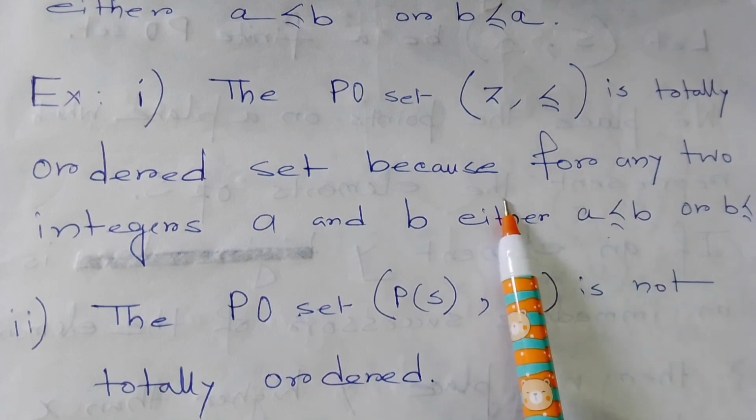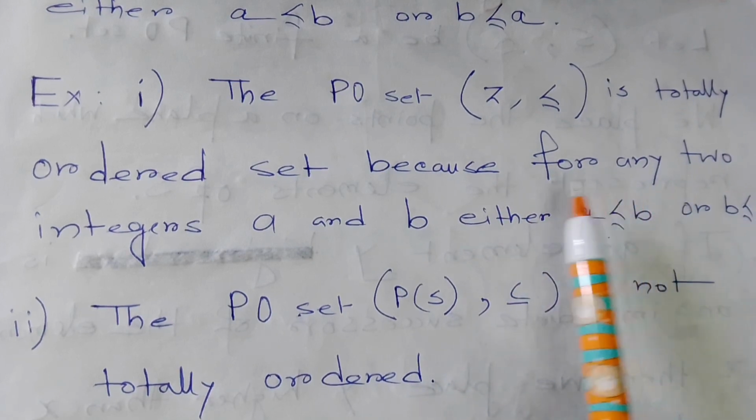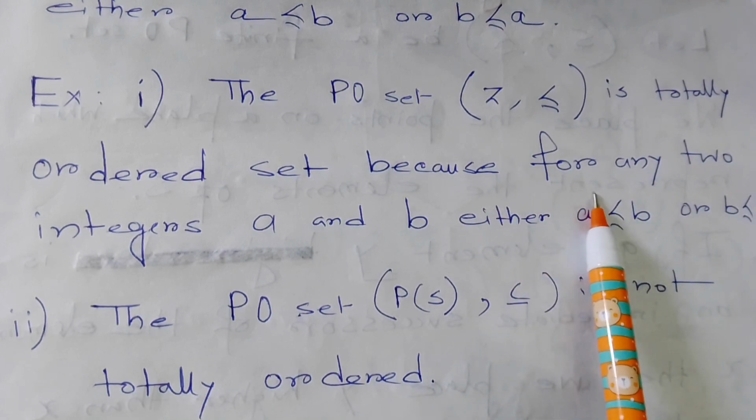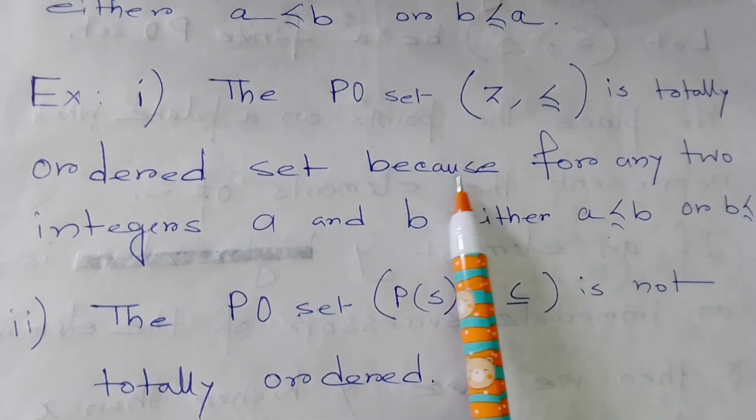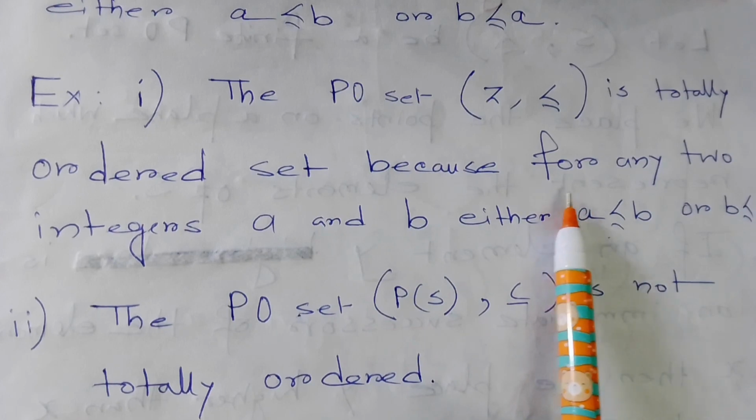So that poset will be linearly ordered or totally ordered, because any two elements of that set are comparable.